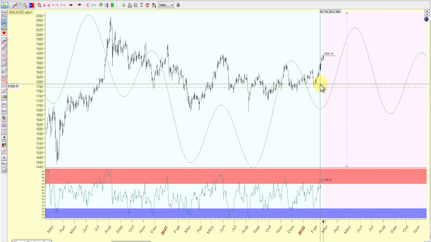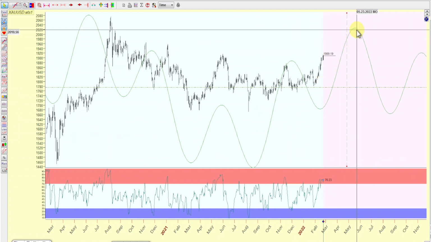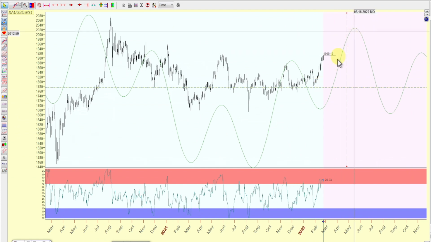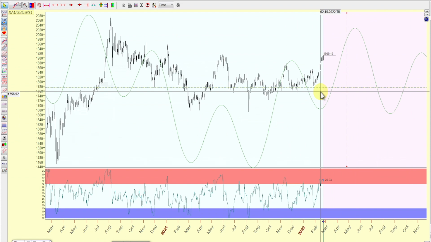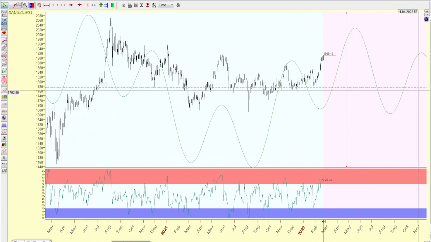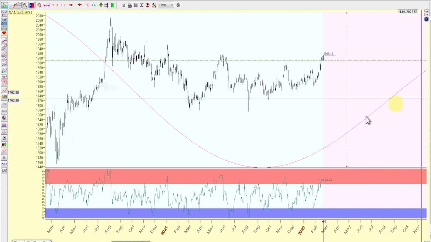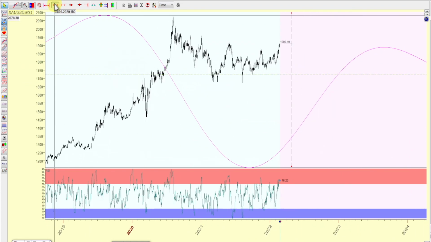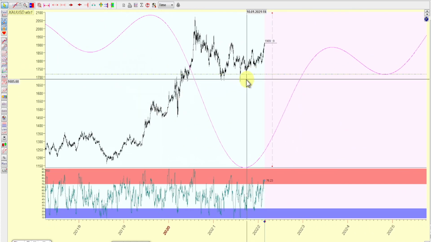The mid looks like it's going to project higher into May. So we bottomed out somewhere around February the 15th, projecting higher into May. And that's the mid time frame. And then the big picture is this one right here, which we bottomed out somewhere around September.